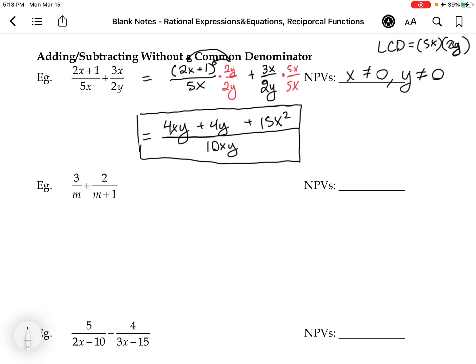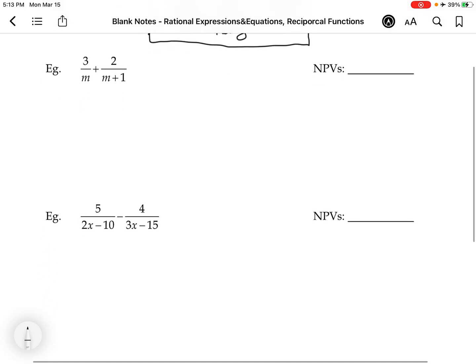And this is how I add these two rational expressions. Essentially what I need to do is multiply each rational expression by a version of one that is the missing factors of the LCD over the missing factors of the LCD from each rational expression. All right, so let's try a couple more.